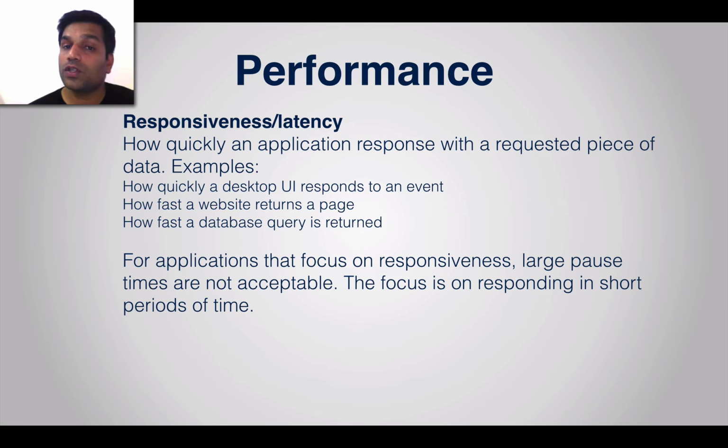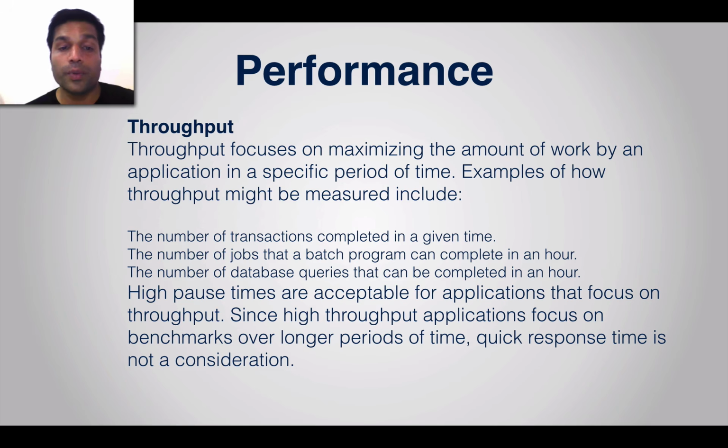So given that, we should approach garbage collection with that in mind. Coming to throughput, throughput focuses on maximizing the amount of work done by an application over a period of time. It's not one single request and response, but rather the things an application does over a period of time, like batch processing of say 10 million records of data. That happens over a period of time, and you take an average and see how much throughput you get.